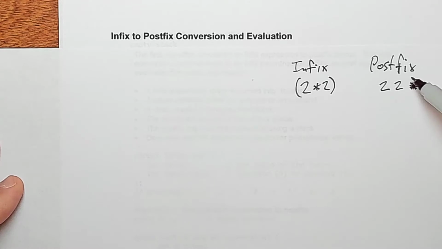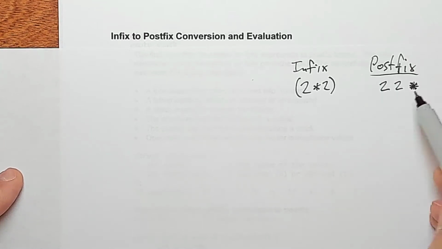And it turns out that it's efficient for the processor to evaluate a postfix expression. The reason postfix expressions exist is because it's easier for the machine to process these things.